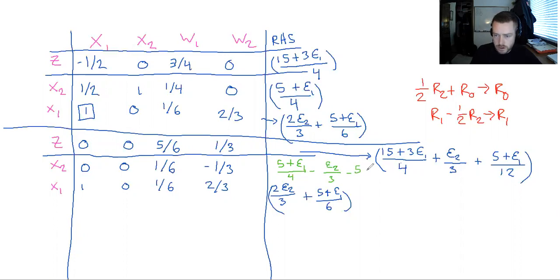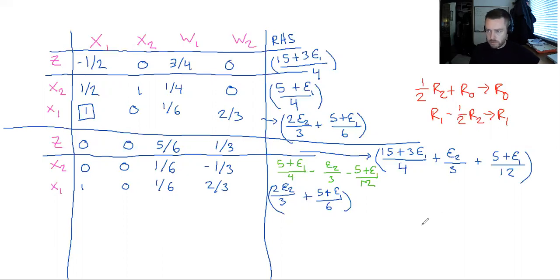Subtract 5 plus epsilon 1 over 12. That's a 12, all right? Okay, so this is sort of really, really hard to see, but basically all of our zero is all positive, and we end up having our basic variables. They're all equal to something here.